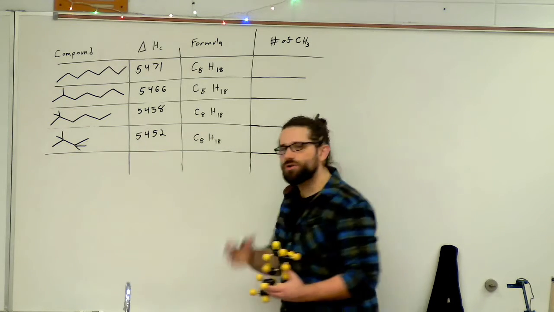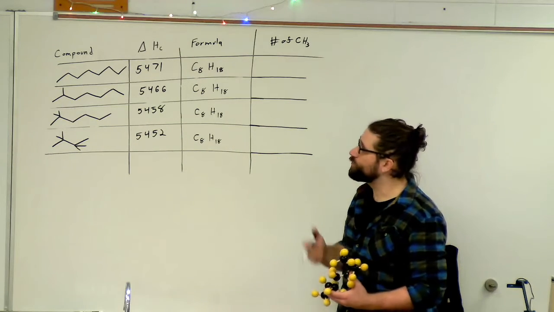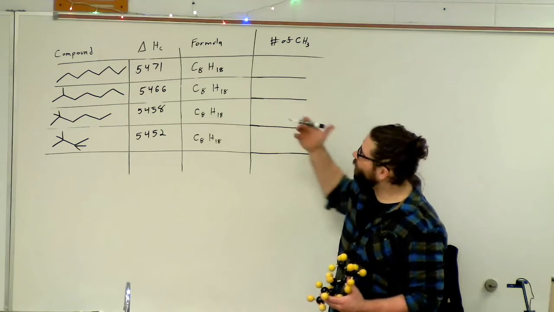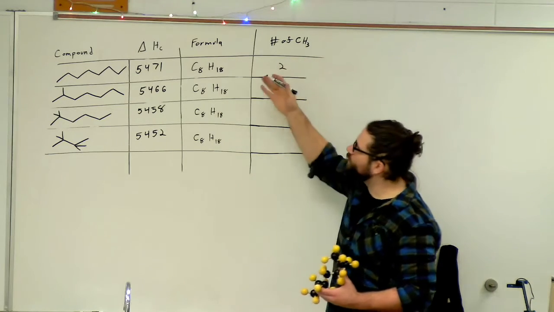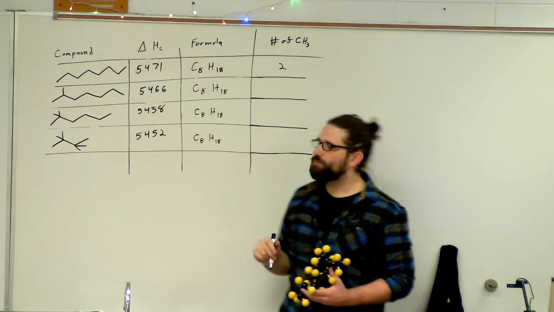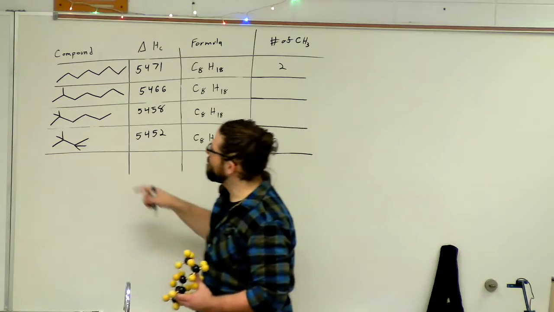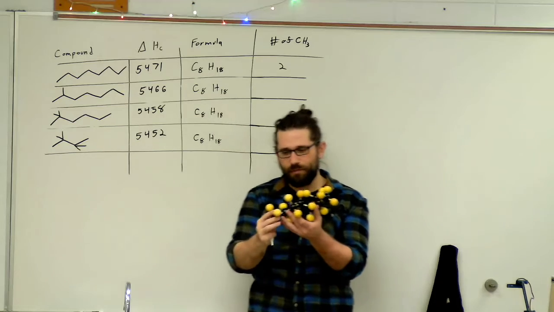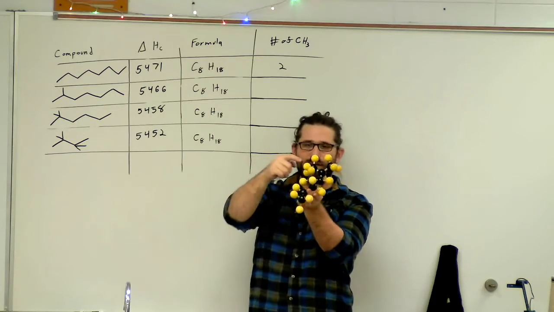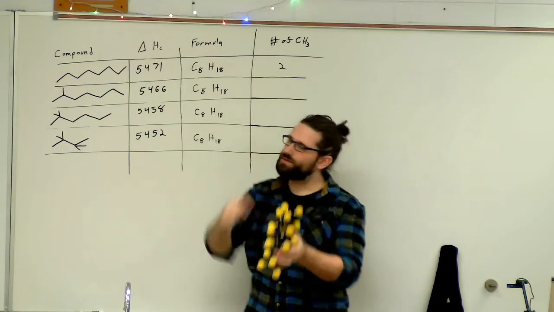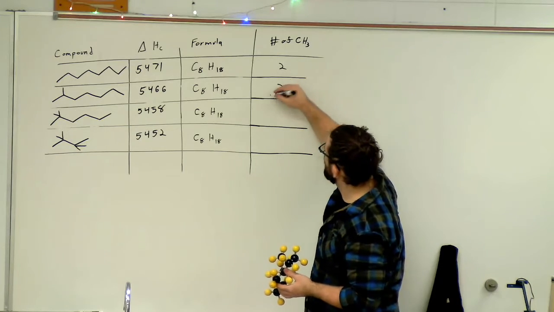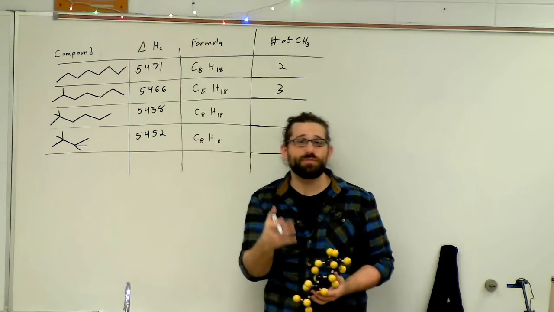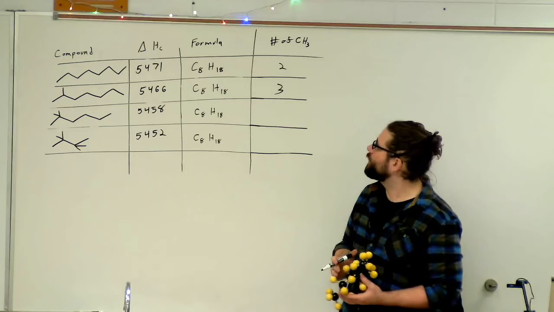But notice, our number of CH3 molecules goes up. In my first one, in octane, I've only got 2, my 2 end carbons. But in my 2-methyl heptane, I have 3 end carbons, and I can see that on this ball and stick model. I've got 1 CH3, 2 CH3, 3 CH3. So I can count my end carbons, and those will be a CH3 molecule.